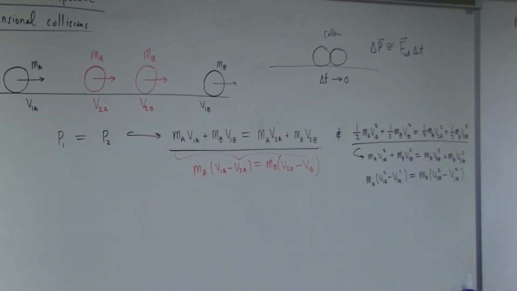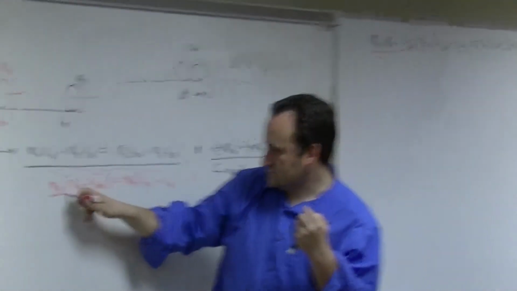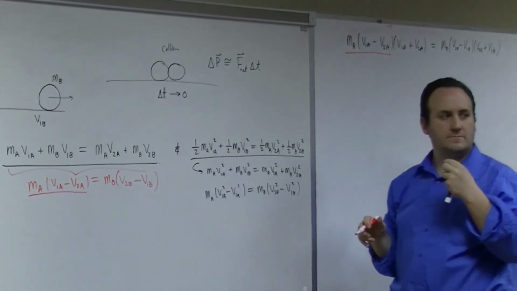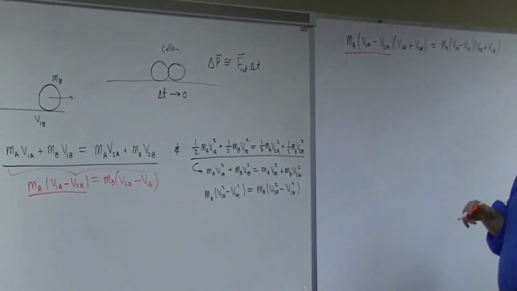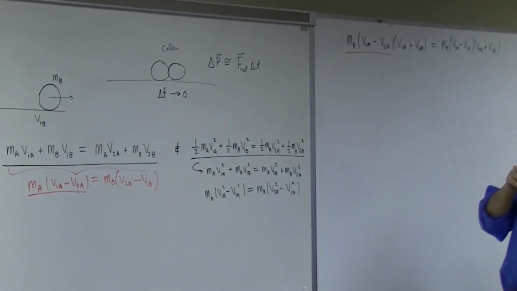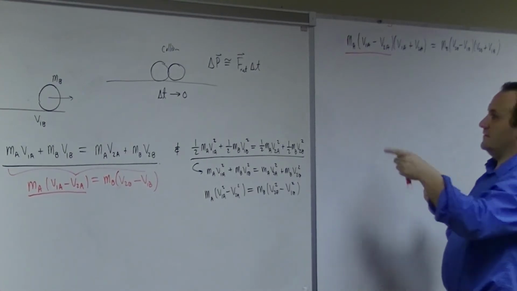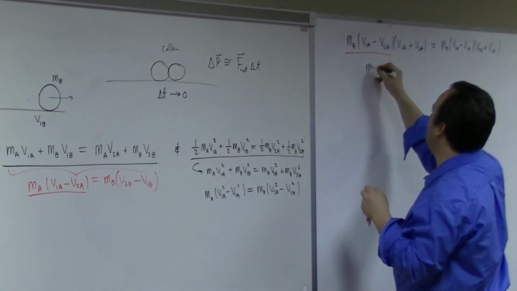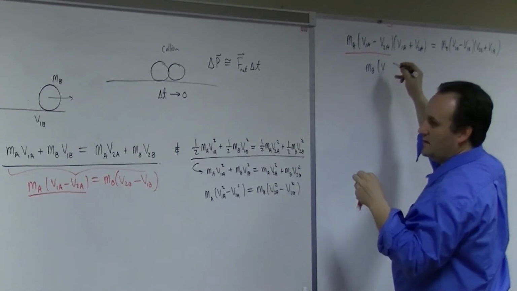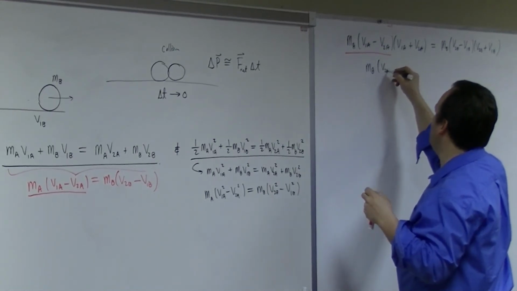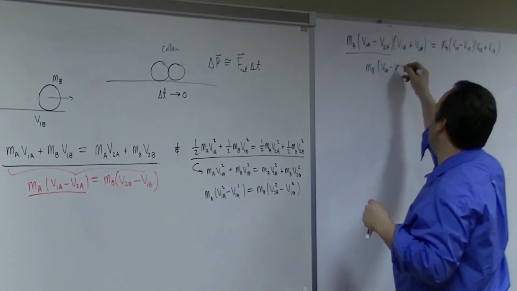Do I have V1A? I mean, I have MA. Like that's this, right? Same term? So I can trade that for MB times V2B minus V1B.